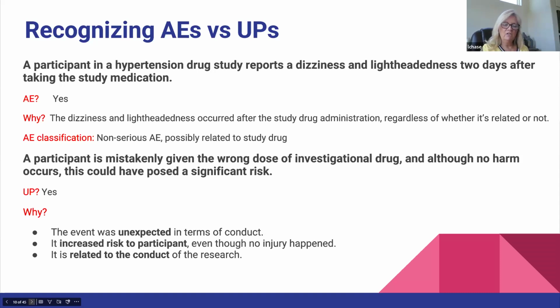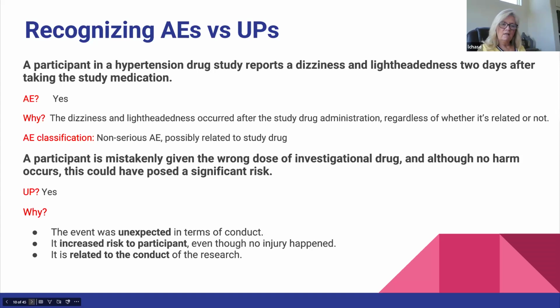The classification of it is non-serious, and possibly related to the study drug itself. Now, if it became more serious and they were hospitalized, then that's when it would become an SAE. But right now, since they weren't hospitalized and the dizziness resolved, it remains an AE, and it does need to be documented.